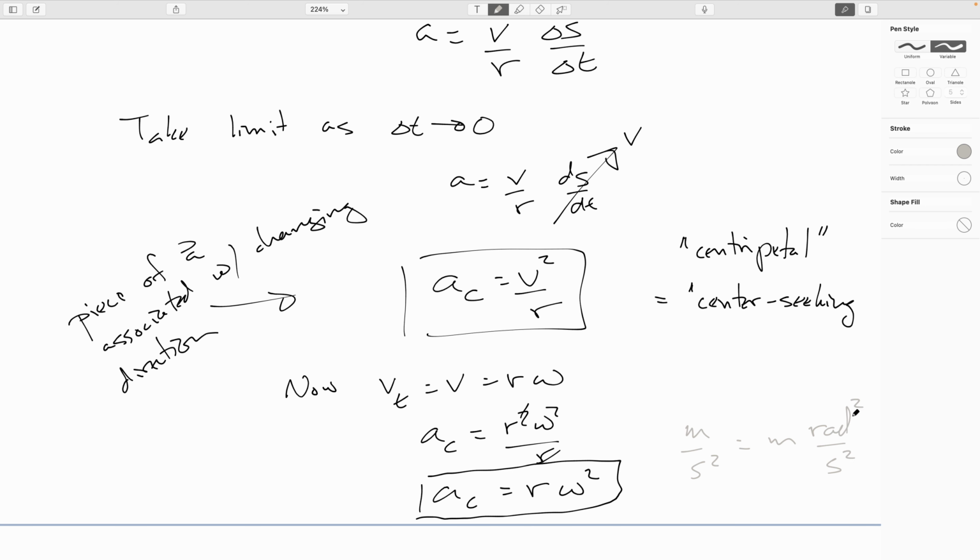Again, remember that radians squared is going to be the same thing as 1 squared, which is the same thing as 1. So then we do indeed have meters per second squared, and it all checks. Remember, radians are not a unit. They are a symbol that reminds us that we're dealing with an angle, but it doesn't have an actual physical dimension.